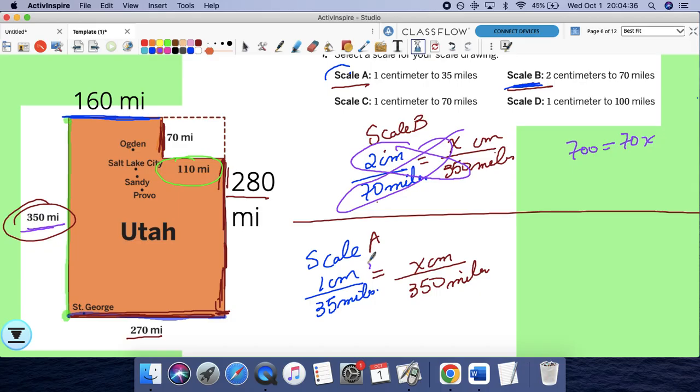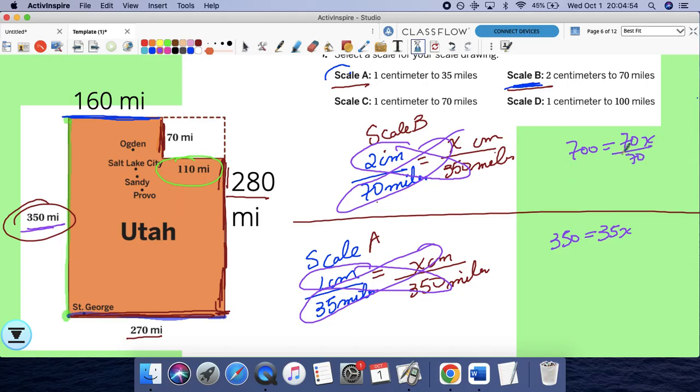And then at the bottom here, I get 1 times 350, which is 350, and then x times 3.5 is 3.5x.